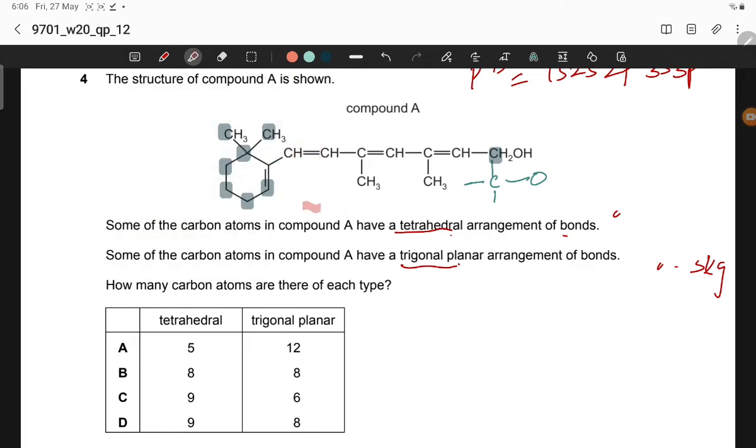This is trigonal planar. This is also trigonal planar. This is trigonal planar. This is trigonal planar, trigonal planar, trigonal planar, and trigonal planar.